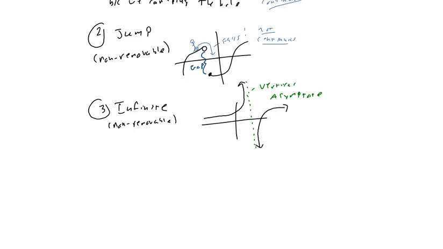Even if you had another type of graph, say one side went to positive infinity and the other side also went to positive infinity, this is still not continuous. There's a break in the graph. So it is not continuous.